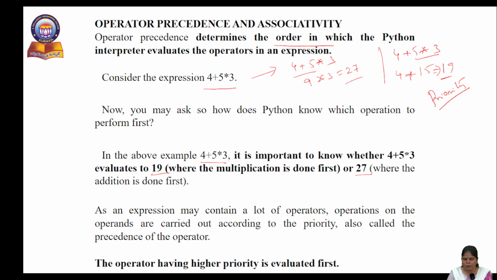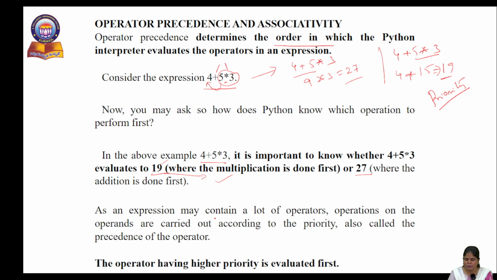With the operators plus and into, the first preference is given to into. So 5 into 3 has to be evaluated first and then added to 4, giving 19. Of 19 and 27, 19 is the correct result.